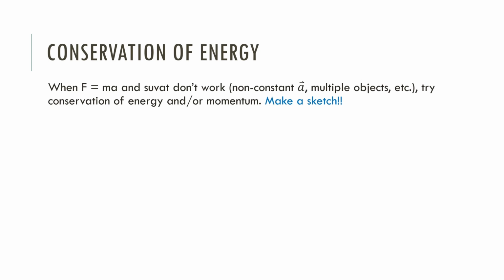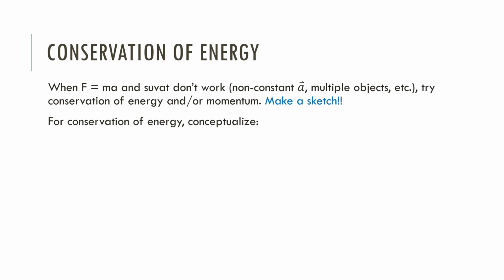Those equations are derived from a linear velocity equation where acceleration is constant. So if it's complicated and stuff is happening in the middle and you've got a clear before and after, doing a conservation of energy or conservation of momentum is a great method.